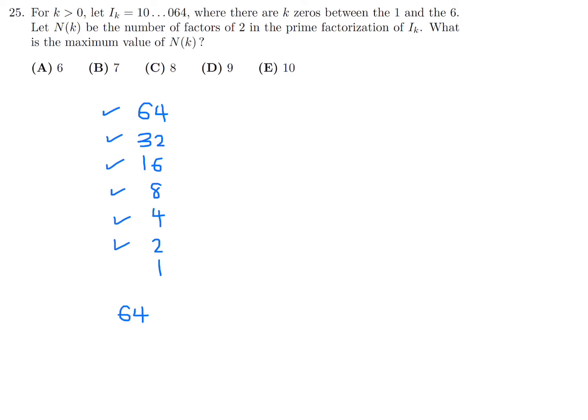And therefore 64 is equal to 2 to the power of 6. Now I can't keep going here, because if I divide 1 by 2, I get a decimal. And that's not allowed, because we can't do that with factors. So that means it looks like 6 is the only way, no matter what the number is.